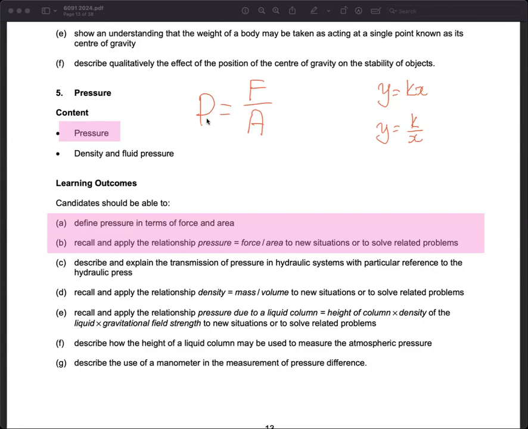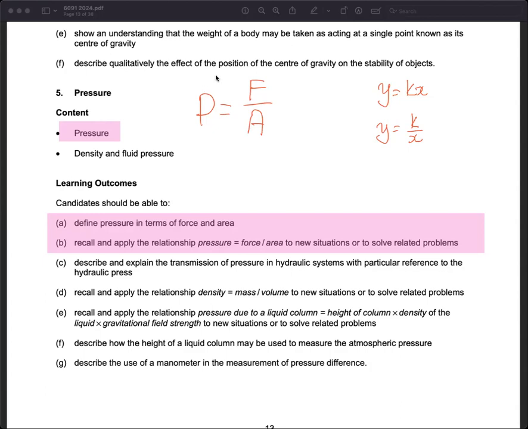Basically, pressure is a measure of how a force can change the shape of an object or body. In layman's terms, you can say that pressure is a measure of how a force can change the shape of an object.